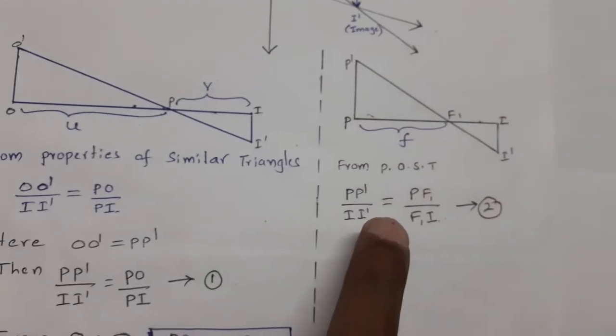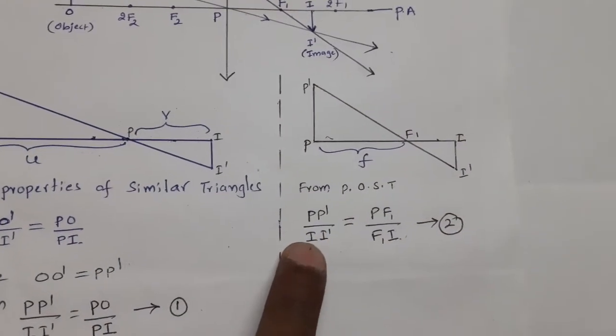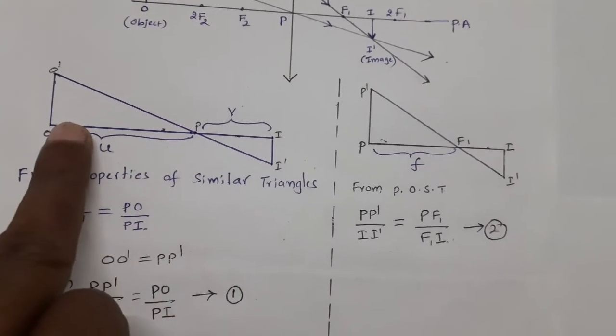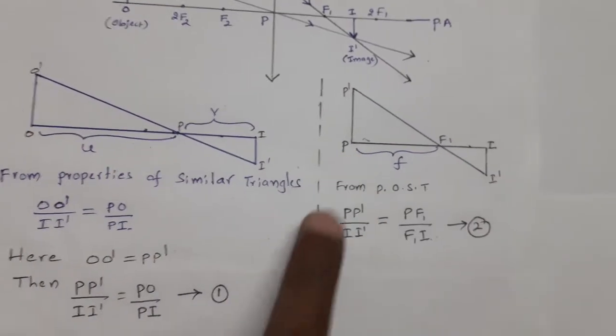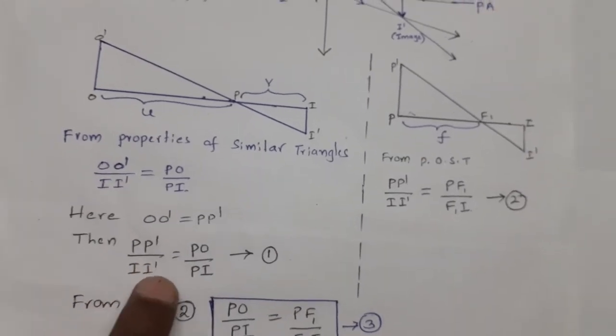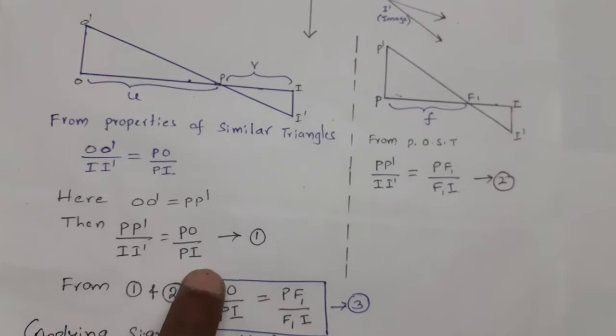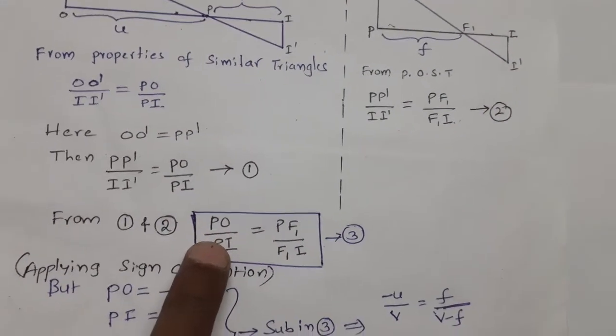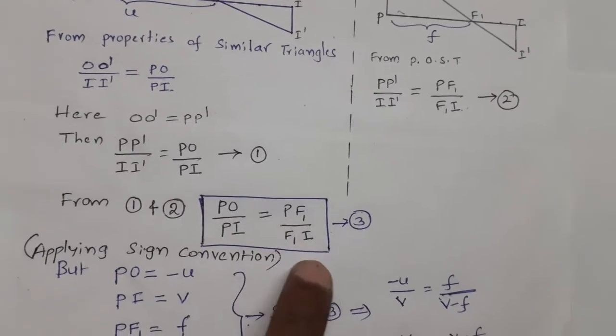In the same way, here also we can write PP dash by II dash is equal to PF1 by F1I. But we can see OO dash is equal to PP dash. Then we can convert this into PP dash by II dash is equal to PO by PI. From 1 and 2, we can write PO by PI is equal to PF1 by F1I.